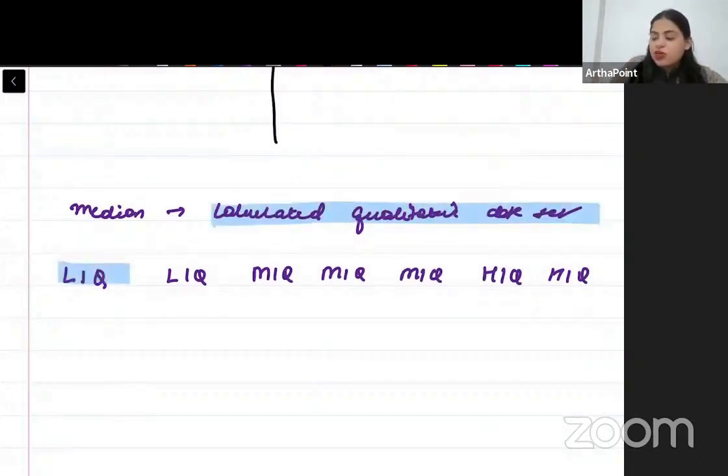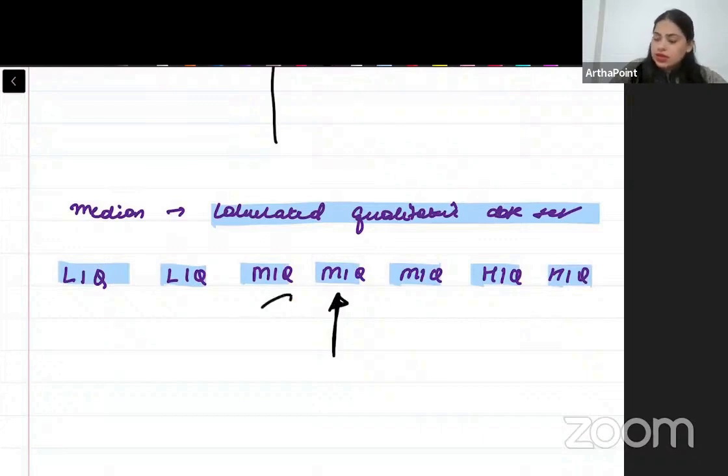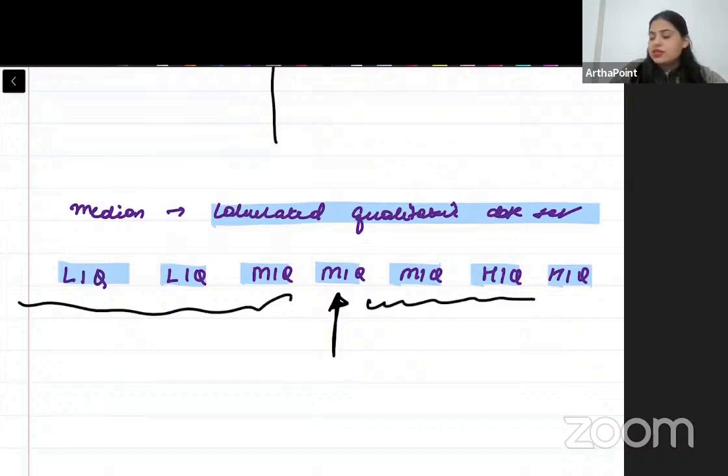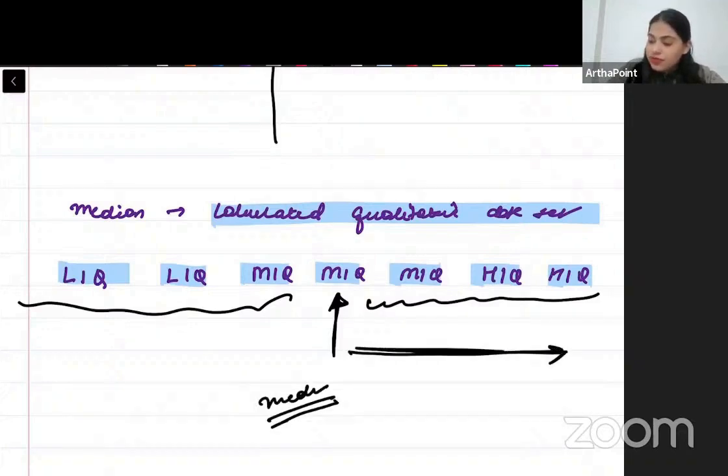So I will just count observation 1, 2, 3, 4, 5, 6, 7. That means the one here is the median. There are 3 below this and 3 above this. So we can get some idea about the data set: 50% of the students have medium IQ, 50% have more than medium and 50% have less than medium.